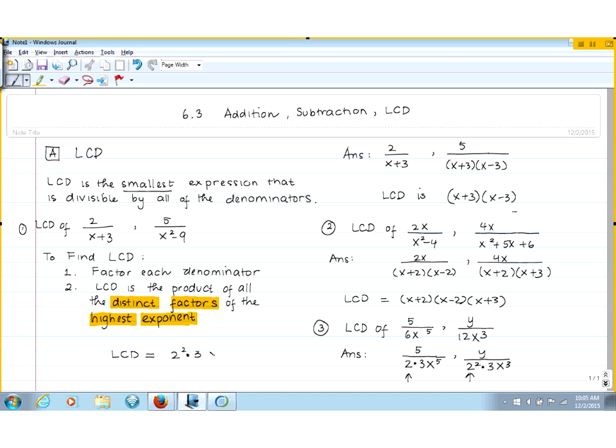Just 1, no exponent. What about the x? Which one do I choose? x to the 6. So if you have the same factors, we choose the one with the highest exponent. So the LCD is 12x to the 6.